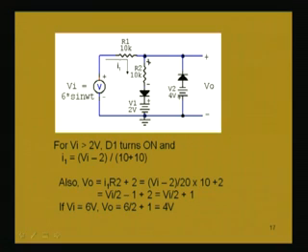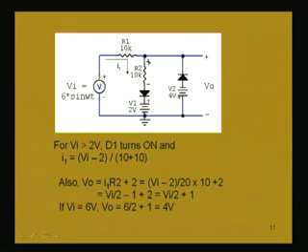So, what is this current? Just applying Kirchhoff's voltage law, Vi minus 2 divided by 10 plus 10, it is in kilo ohm. Now, Vi is a sinusoidal waveform. So, what can we find out? Only the slope, and from that we can find out the shape of the output voltage.